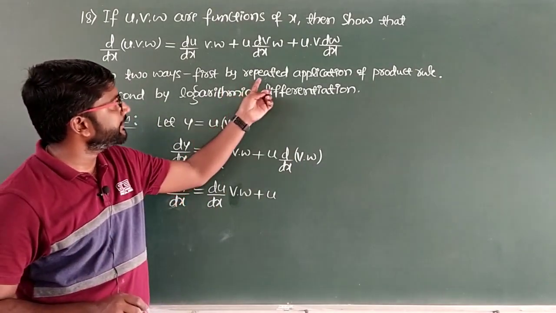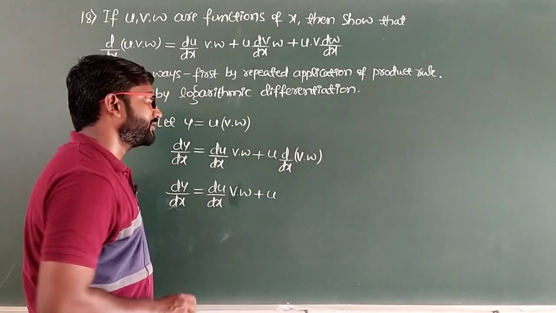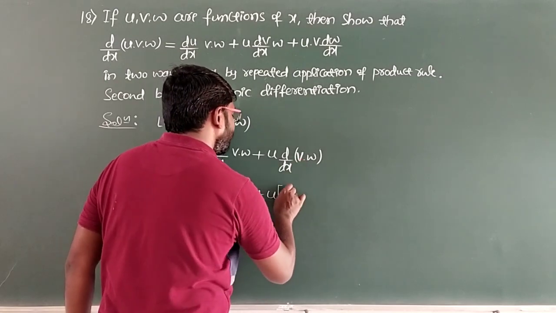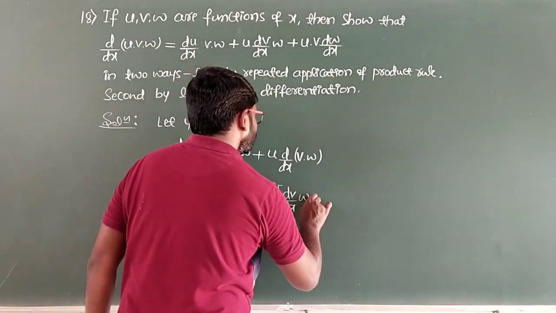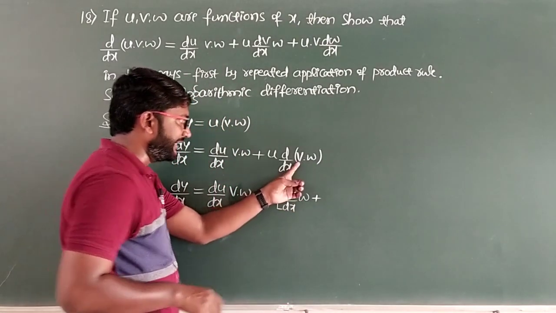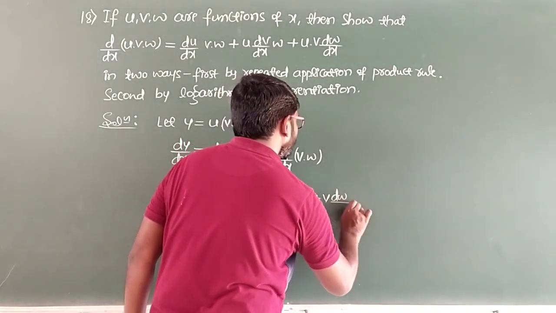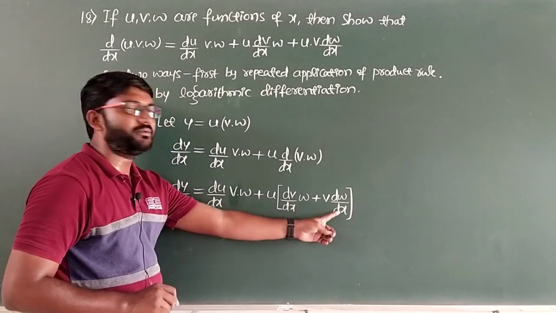Here, repeated application of product rule is mentioned. So let us make use of the product rule here. I will put the main bracket, derivative of v, it will be dv by dx, write w as it is, plus now write v as it is, take the derivative of the second function, it will be dw by dx. In the next step we will have to multiply u with these two terms.